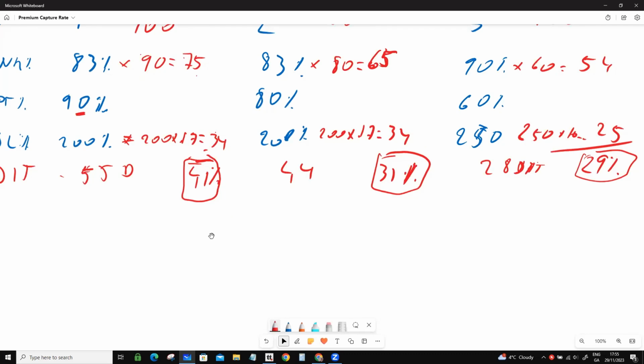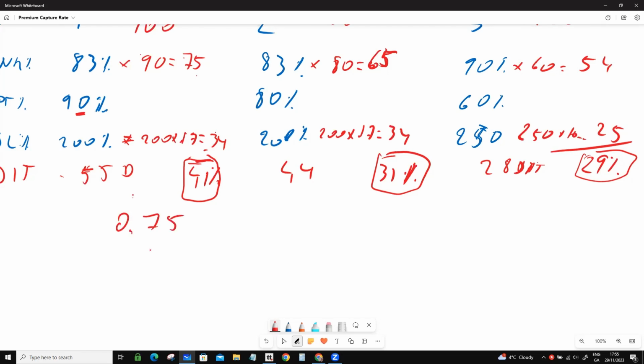You have to convert this into PCR per day in order to compare different strategies. So in this particular case, you're getting 41% divided over 55 days, and that will give you roughly 0.75% per day.